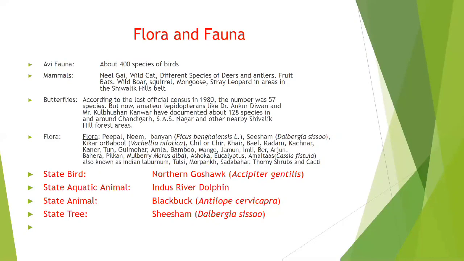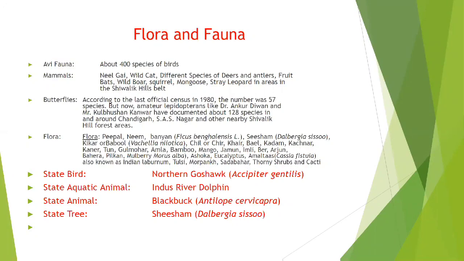And then we have cheed, khair, bale, jujube, kadam, kachnar, kaner, gulmohar, amla, like that. But a lot of eucalyptus, a lot of poplars, and a lot of shisham because of their economic value. We have thorny shrubs and cacti also, especially in semi-arid lands.